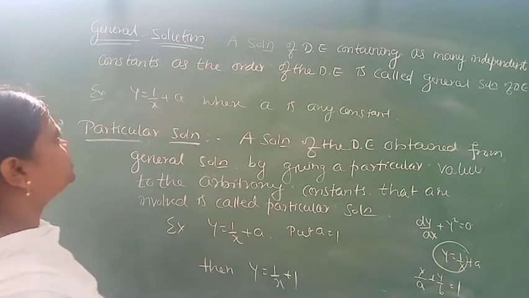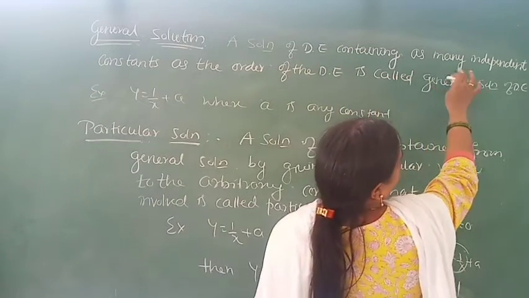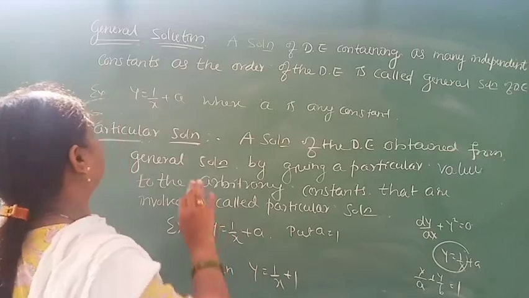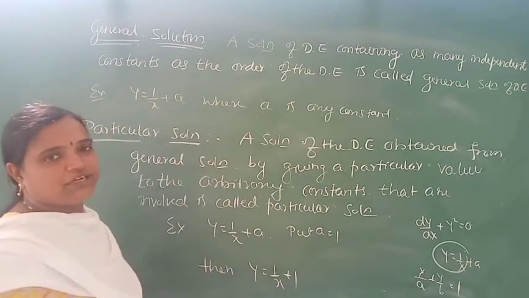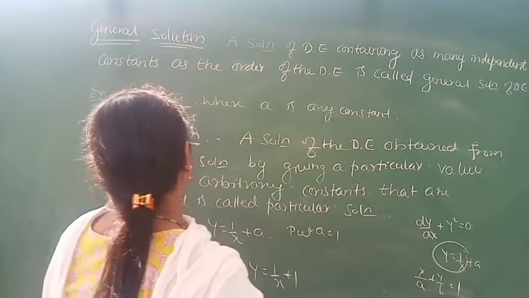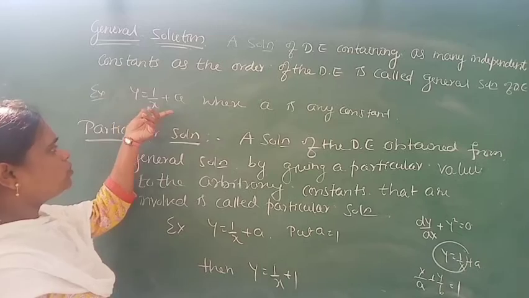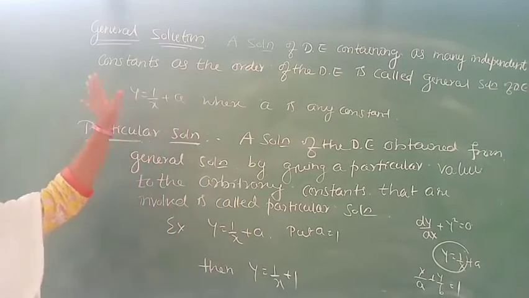Here the general solution is a solution of the differential equation containing as many independent constants as the order of the differential equation. For example, y equal to 1 by x plus a, where a is any constant. This one we call the general solution.